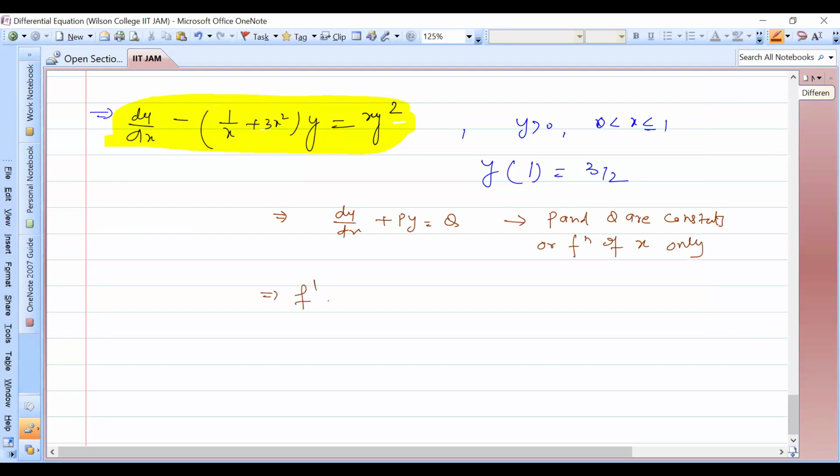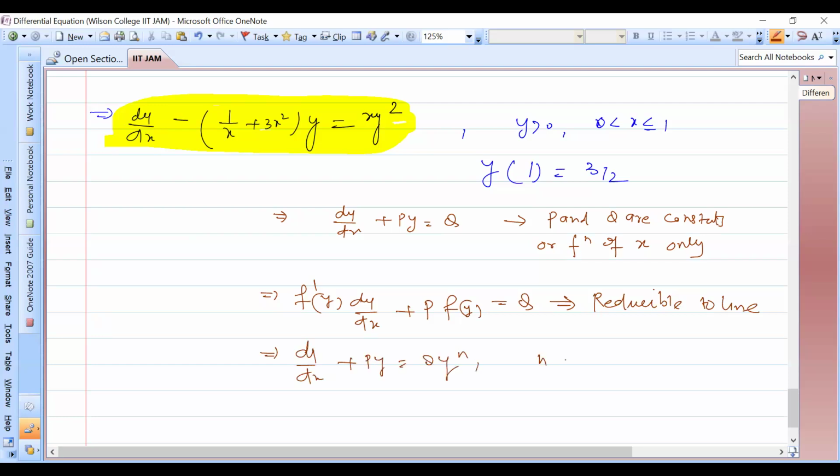Another form is f dash of y dy by dx plus p times f of y equals q. This is reducible to linear. Another form, dy by dx plus py equals q y raised to n, where n is not equal to 0 and 1. This is Bernoulli's. So which form? Bernoulli's form.